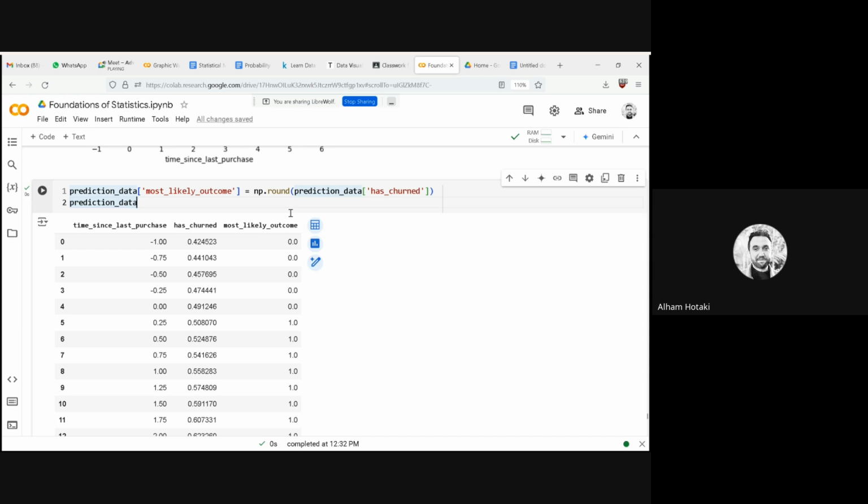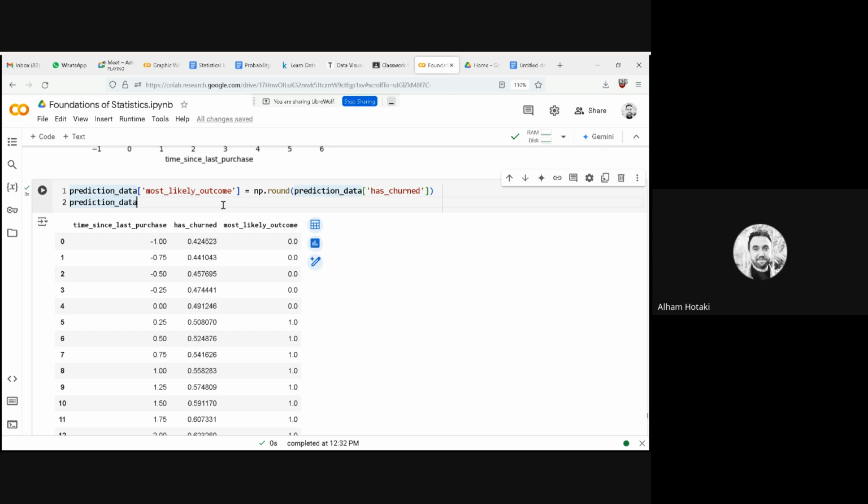There was a binary problem, which is yes, no. We had a data set of bank's customers. So then it was time since last purchase, and has churned or not churned.